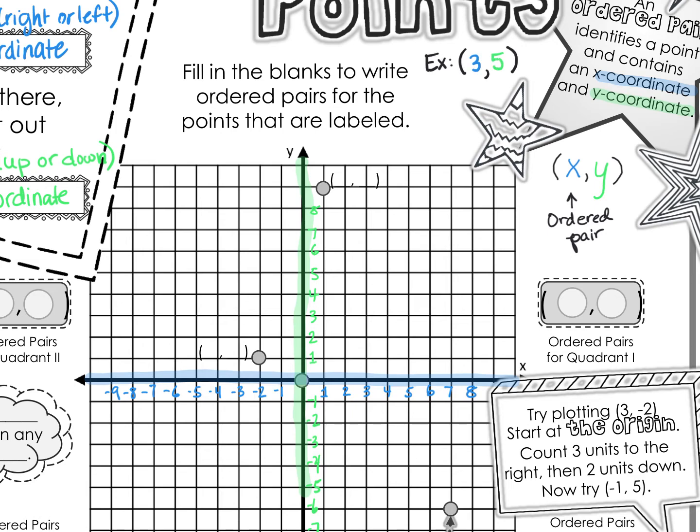So we start at the origin, right here. And first we're going to go to the right three times. 1, 2, 3. And then from there, we're going to go up 5. 1, 2, 3, 4, 5. So the point 3, 5 is right there with a comma in between.